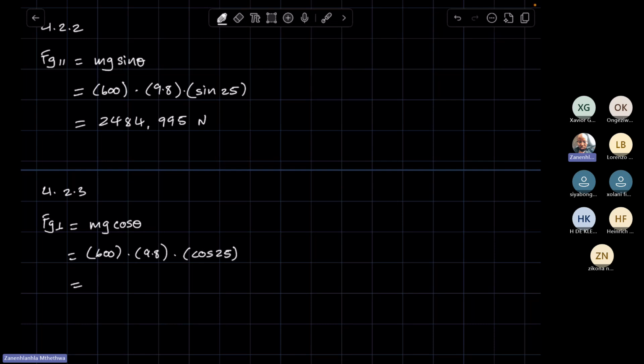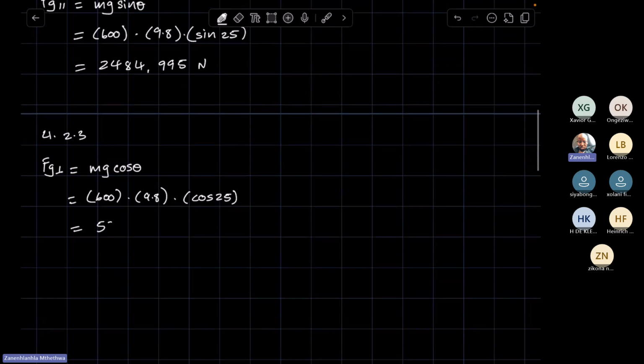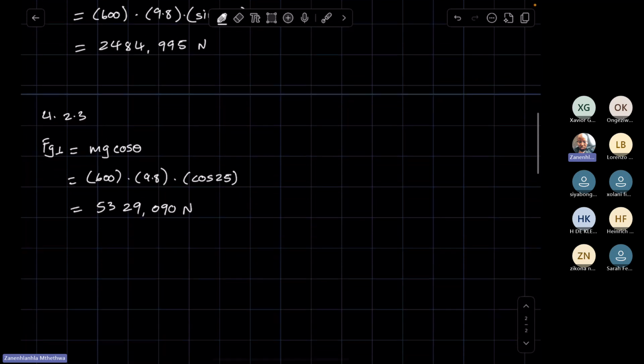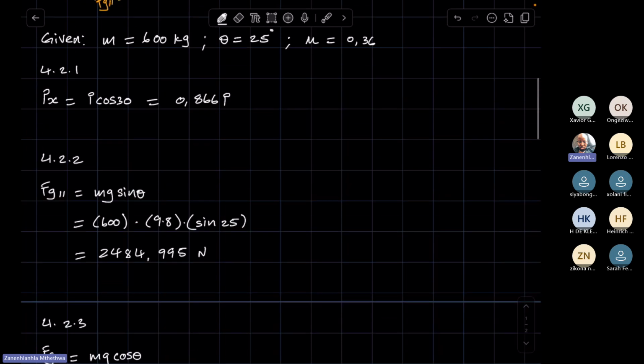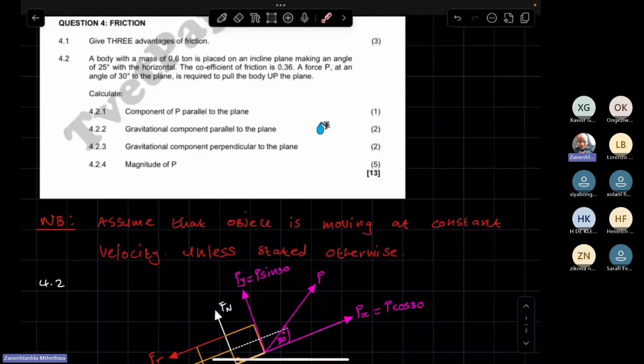I am getting here 5329,090 newtons. Are you guys getting the same thing? Yes. So that's FG perpendicular.